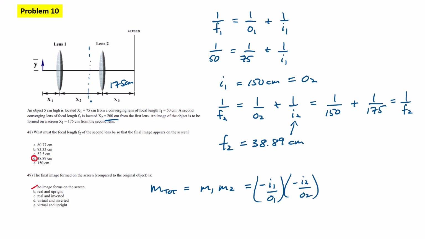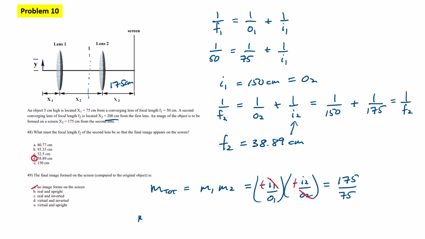One thing to notice here is that I1 and O2 are the exact same values, right? So those negative signs also cancel out, and I2 and O2 are the same. So all we're left with here is this ratio of I2 over O1. I2 was 175, and O1 was 75.